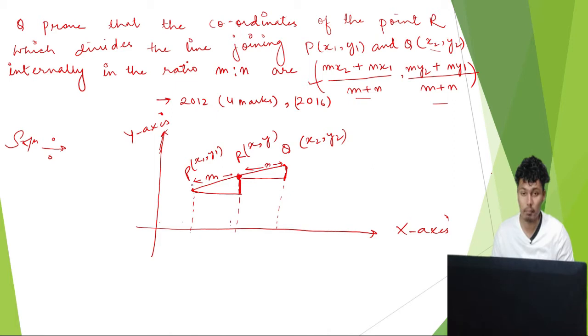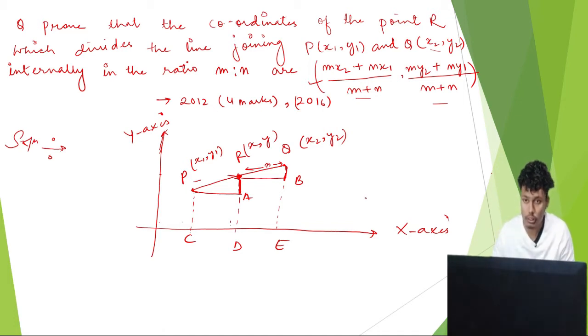So let me name P here, then A, let me name this as B, C, D, E. Okay, so far it's okay.